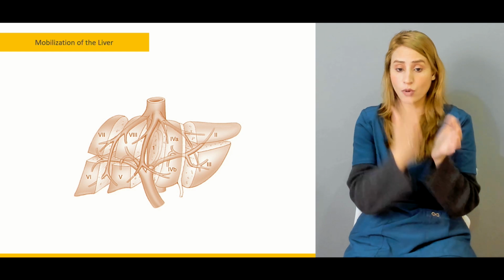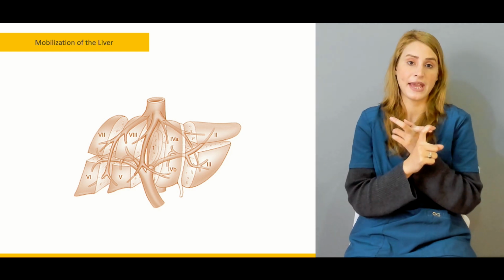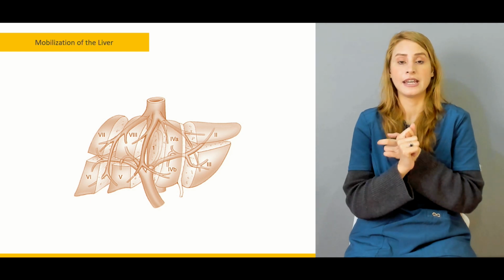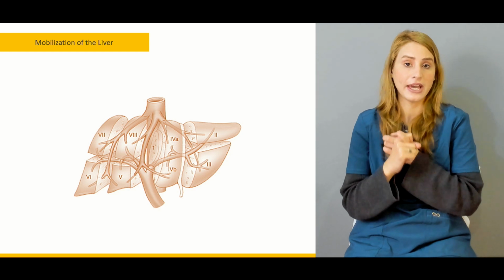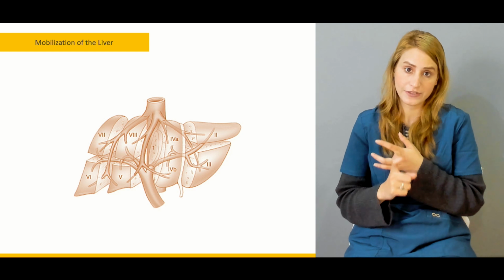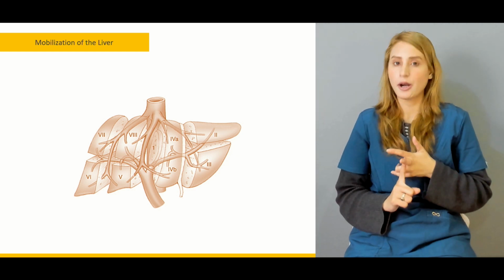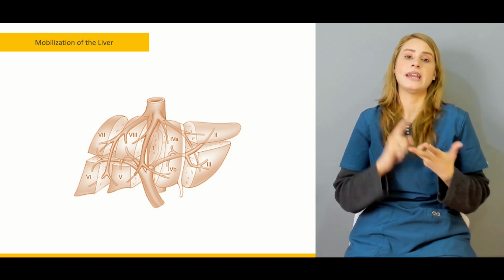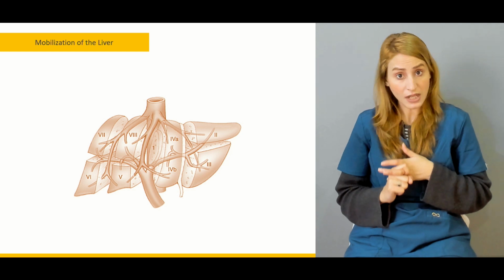In the right lobe of the liver, you have the right hepatic artery, a tributary of the portal vein, and the right hepatic duct. On the other side, in the left lobe, you have the left hepatic artery, a tributary of the portal vein, and the left hepatic duct as well.